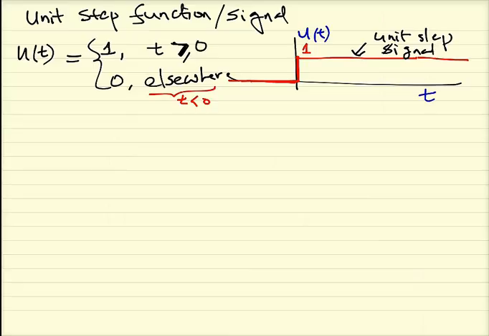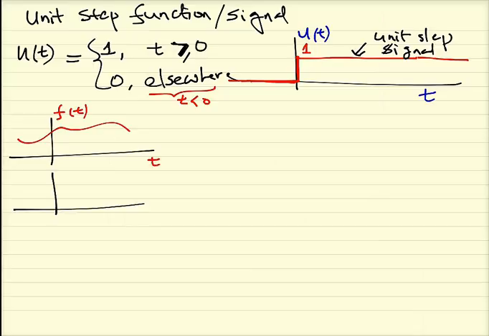For example, you have any signal f of t, and you multiply this signal with u of t. What will be the outcome? Very easy. Before t equal to 0, the value of u of t is 0.